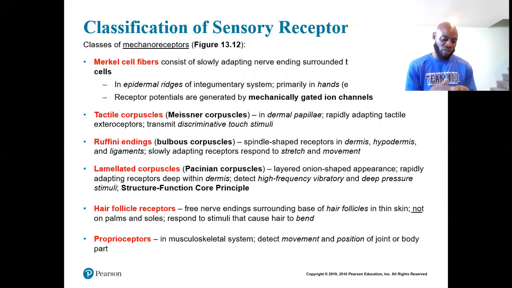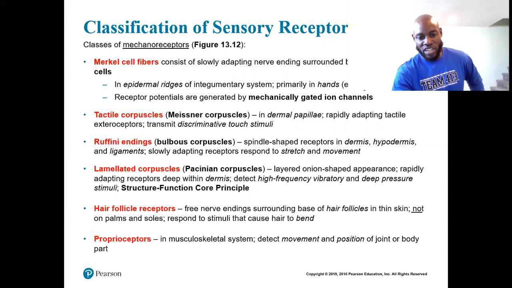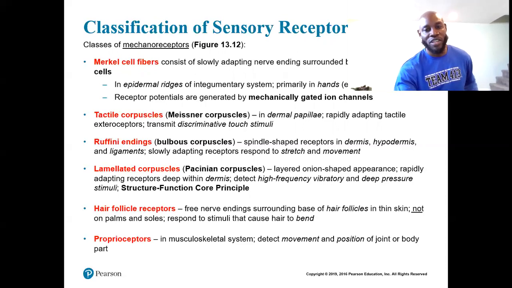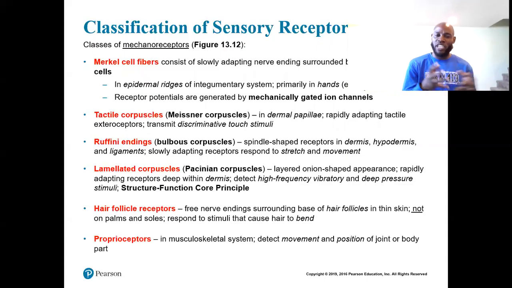If a breeze causes the hair on your skin to bend, you'll sense that. Proprioceptors in your musculoskeletal system detect movement and position of a joint or body part. So there are different ways we can detect different things: pressure, touch, stretch, movement, deep pressure, the air that blows across our skin.